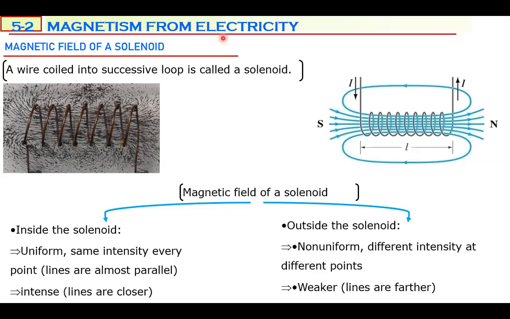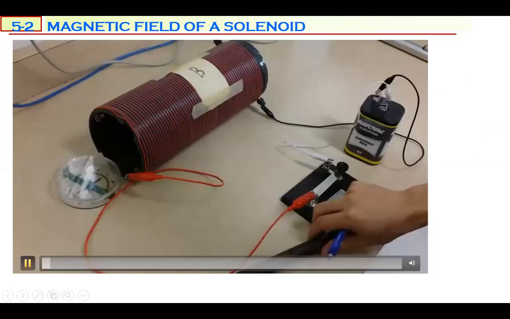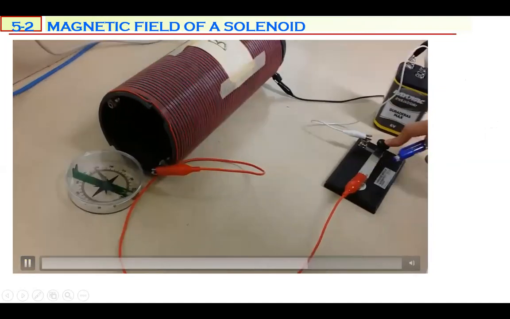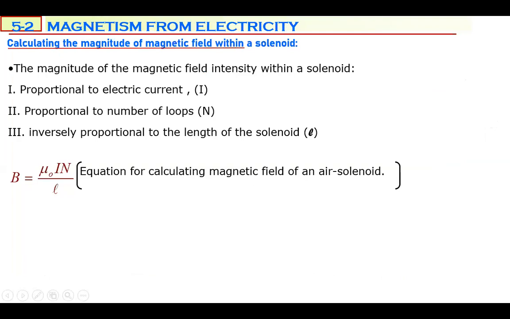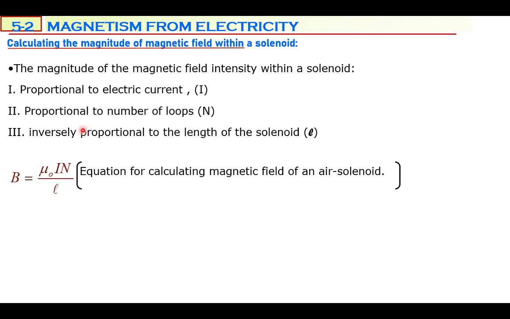This is a solenoid, and this is how a solenoid produces a magnetic field. Calculating the magnetic field within the solenoid, of course, the equation must include the electric current, because if you increase the electric current, the magnetic field of the solenoid increases, directly proportional to the current. It also depends on the number of turns N, but is inversely proportional to the length of the solenoid.